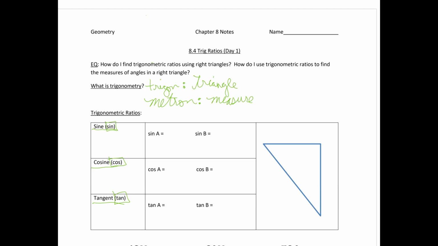So we're going to assume that this angle right here is 90 degrees, and we're going to go ahead and label this triangle A, B, and C for the purpose of our notes.